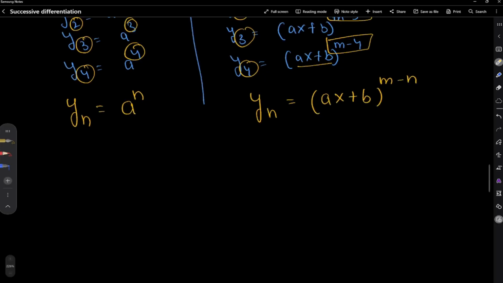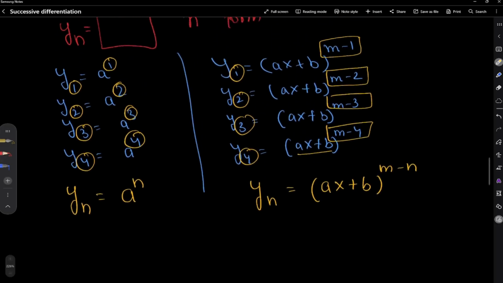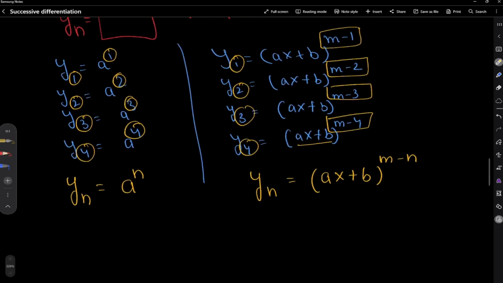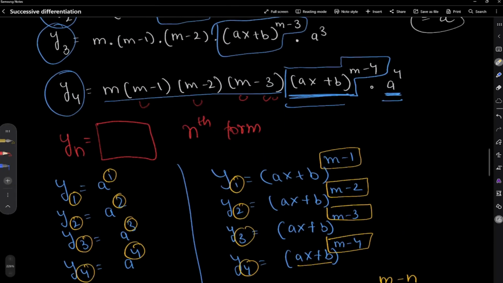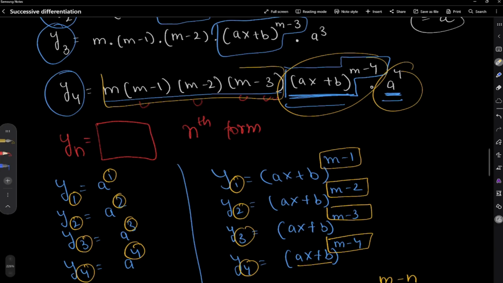Okay, so now our general equation is almost done. What we're missing, we have covered this, now we need to figure out how we can write this part into a formula. I'll just write this again.